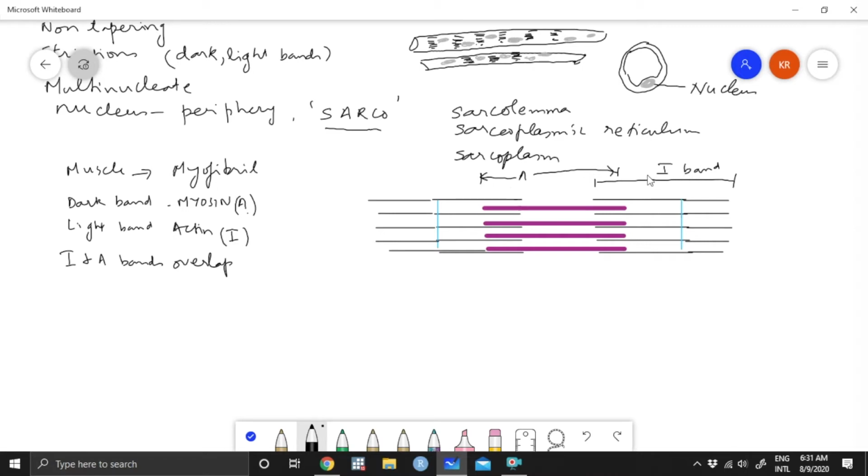Okay. Now the center of the I band over here, this is like a disc-like structure. This one is called as Z line. Similarly, there is another Z line over here.